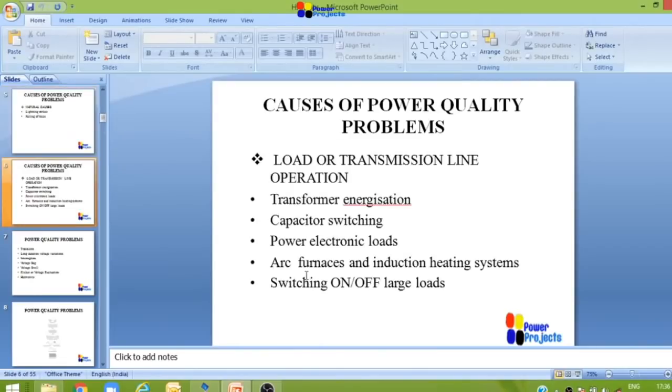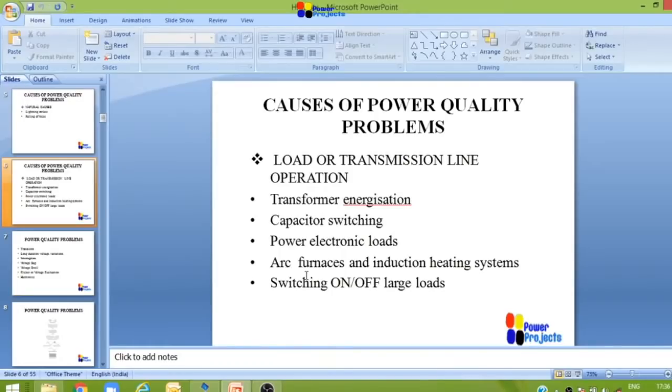The other one is due to the operation of load or transmission line. Operation in the sense, if we energize a transformer, it may cause some power quality problems. If we switch on a capacitor, capacitor switching may lead to some power quality problems. And then the use of power electronic loads may cause some power quality problems.